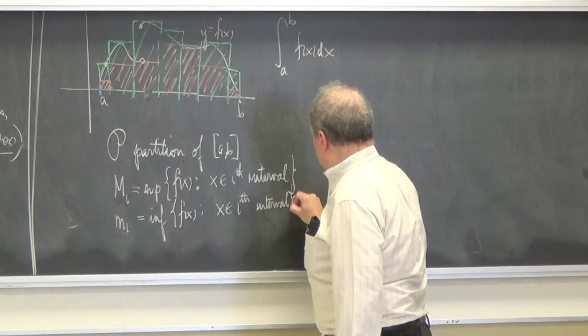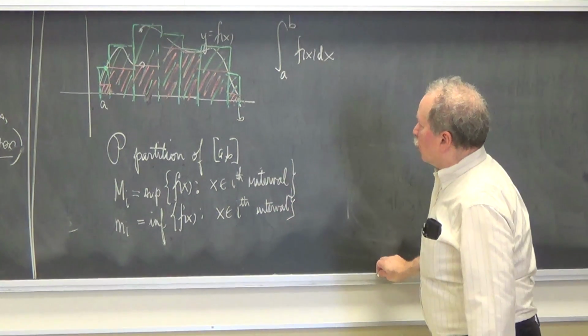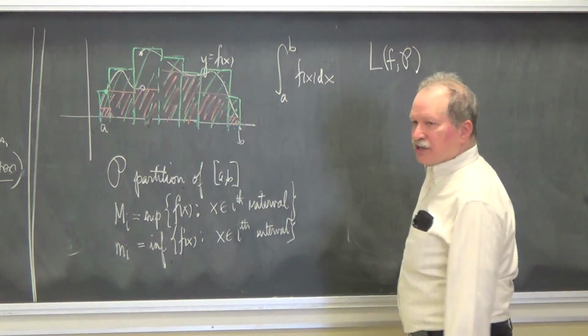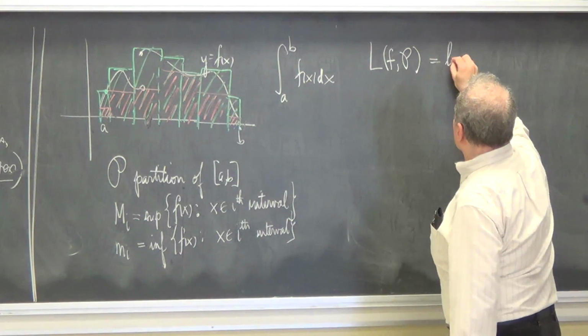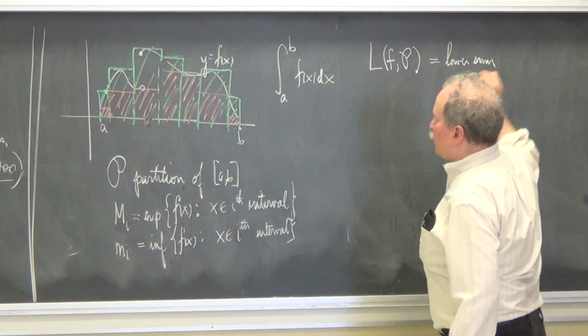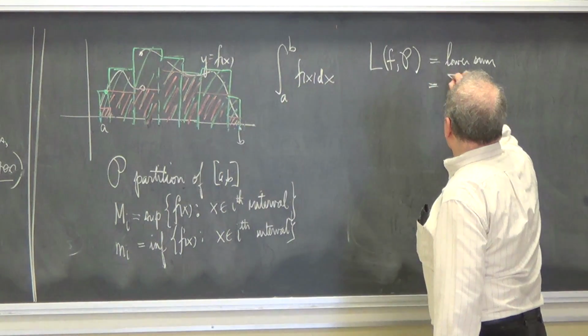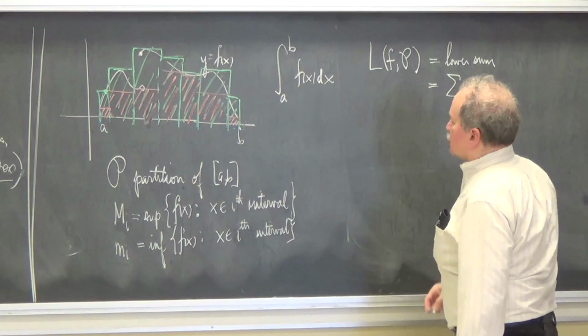And then you want to consider what's called the lower sum for that partition, where you just add up the pink areas. So that would be add up the heights.